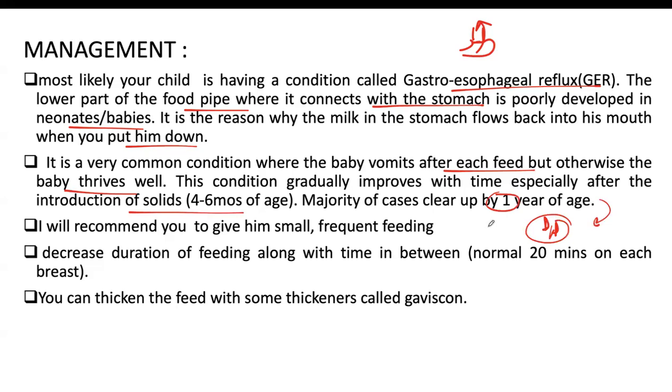There is no need for any investigation at this stage because it is a clinical diagnosis, but I want you to follow some behavioral modification and see how it goes. Please give small frequent feeds rather than a large volume of food at a time. Decrease the duration of feeding, along with the time in between. You can also use a thickener to thicken the food, which is Gaviscon.